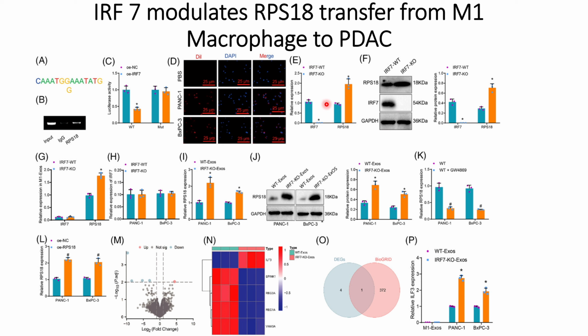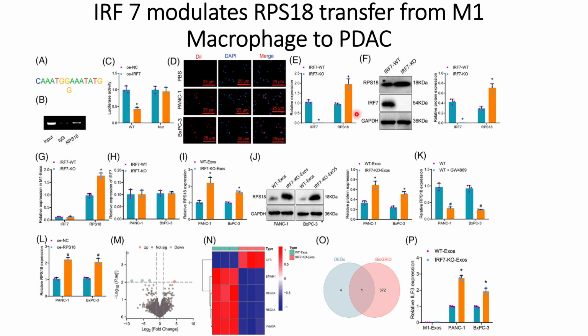Thereafter, they checked IRF7 and RPS18 in the knockout cells and the wild type cells. Since IRF7 is knocked out, there is a high amount of IRF7 in the wild type cells compared to the knockout.